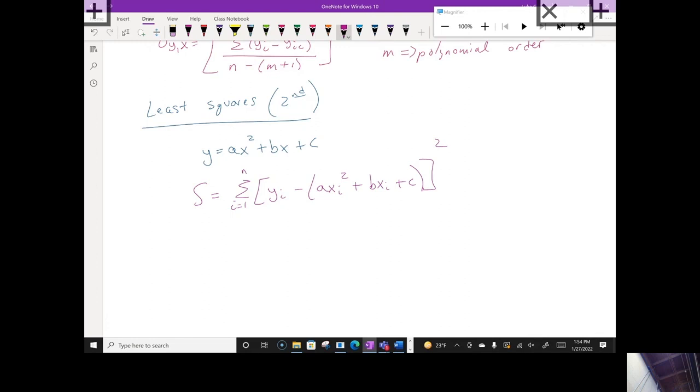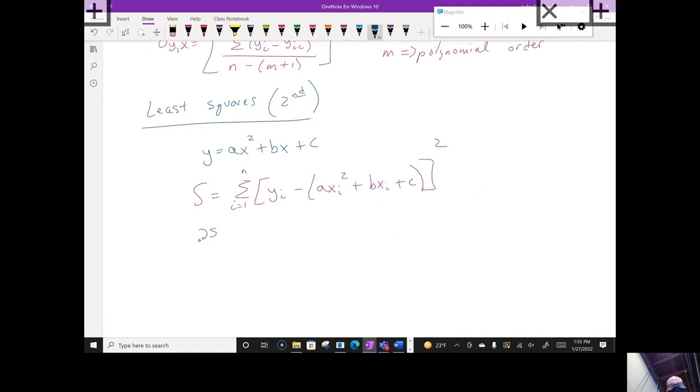That's why it's called least squares fit. Remember, yi is your experimental data, and this is your linear fit. So you're taking your experimental and subtracting what you think it is, and squaring that. We're trying to find the minimum.